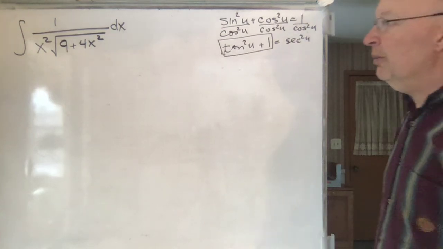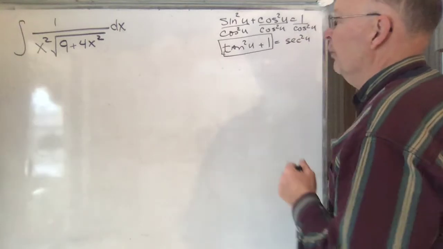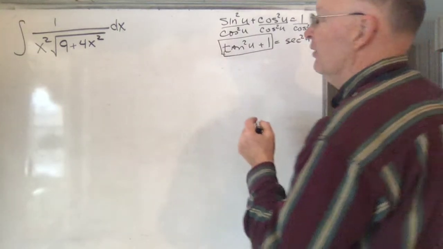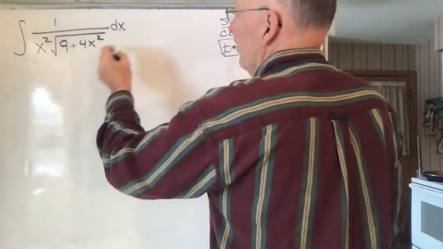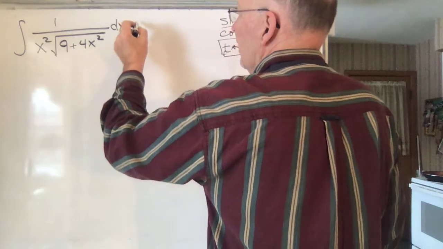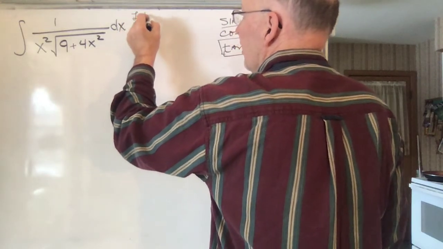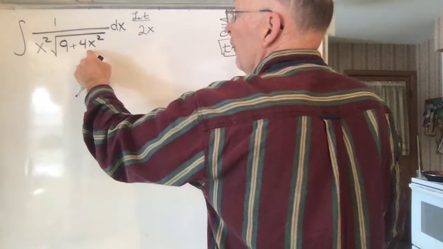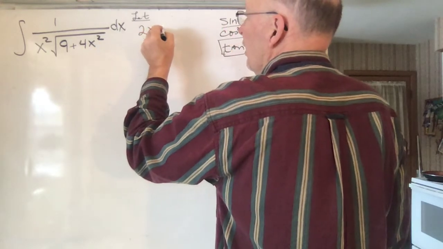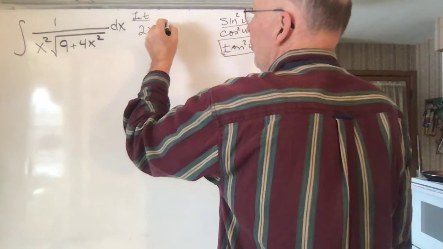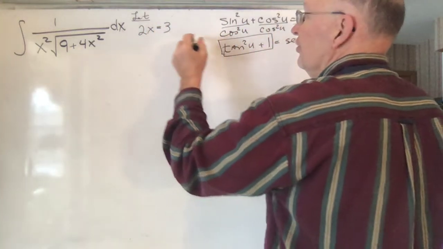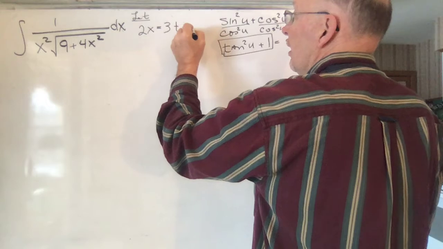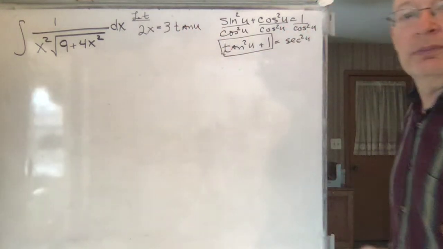So here's what we do. Watch how it's going to work. Okay, this is the identity we're making use of. And so I'm going to say let 2x, you take the square root of this thing, equal the square root of this thing, 3 tangent u.